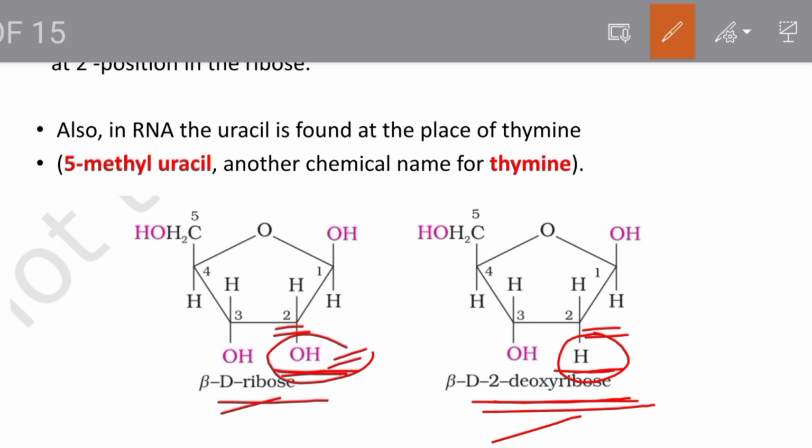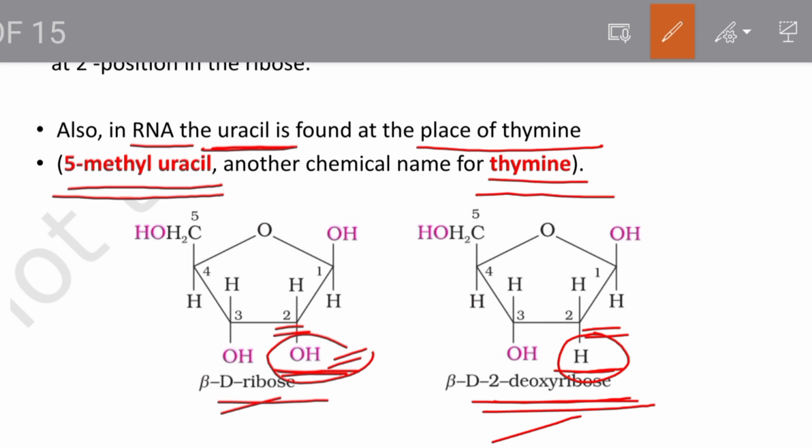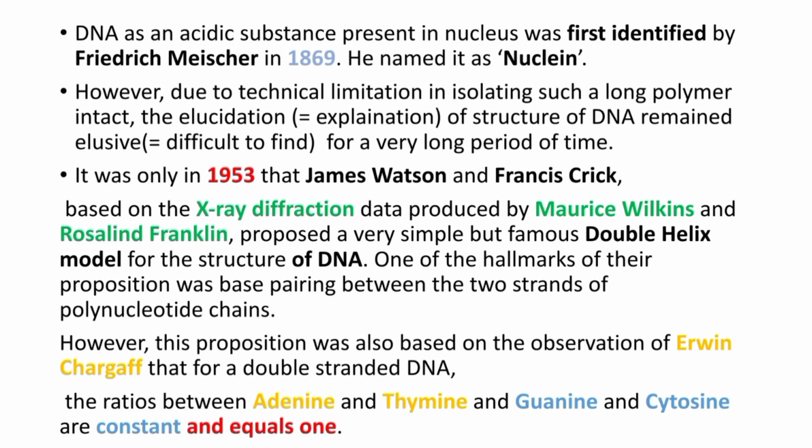Also in RNA, uracil is found at place of thymine. 5-methyl-uracil is another chemical name for thymine. 5-methyl-uracil is thymine. DNA as an acidic substance present in nucleus was first identified by Friedrich Miescher in 1869, and he named it as nuclein.